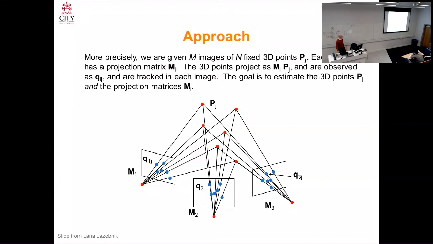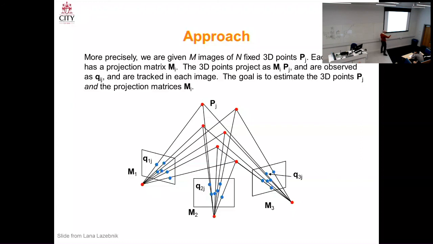In order to do structure from motion, what you're given is a collection of images, in this case n images, and I have n points in 3D, and those points aren't moving. The camera's moving, but the points aren't. Here I've got these points rendered in red, in 3D, and they project to these points Q in these different views.